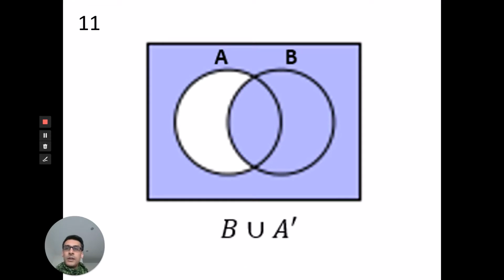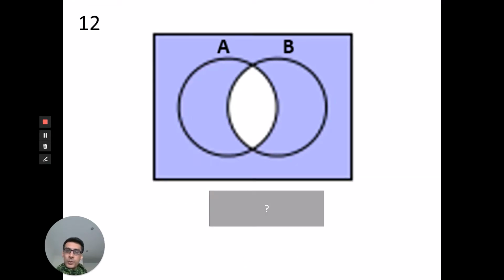Okay, question 12. This one is potentially a little bit trickier. You may not have come across this, but have a go just to challenge yourself. Okay, so for this question here, we haven't really explored this, but it's possible to do this. I think it's quite important for you to see this. We've basically shaded in everything except this bit.